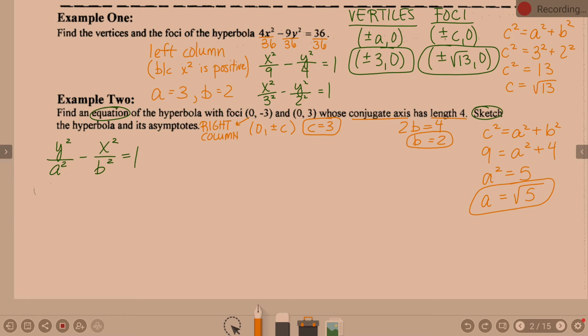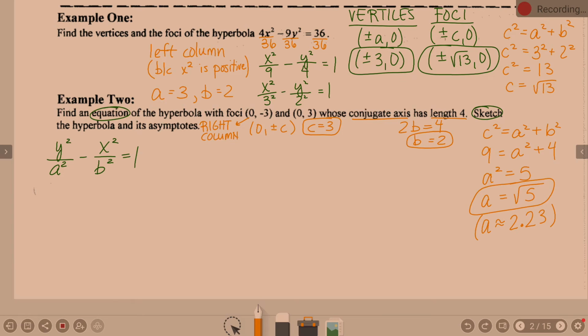What is the square root of 5 approximately? We're going to need to know this later. It's 2.23.